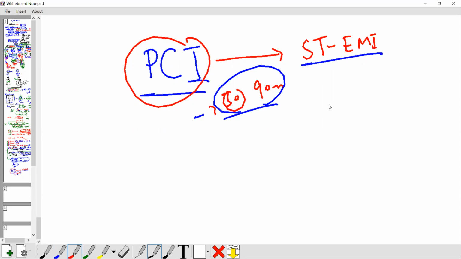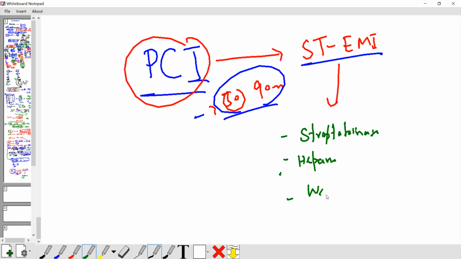If the time is gone, or if the facility is not available for STEMI, then your second option is not to choose the first option but to go for anticoagulants like streptokinase, and we also have heparin, warfarin and antiplatelets.